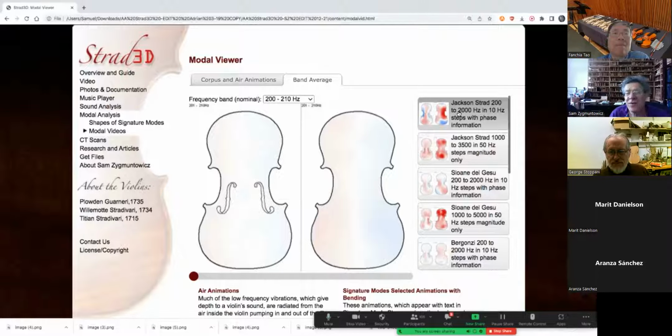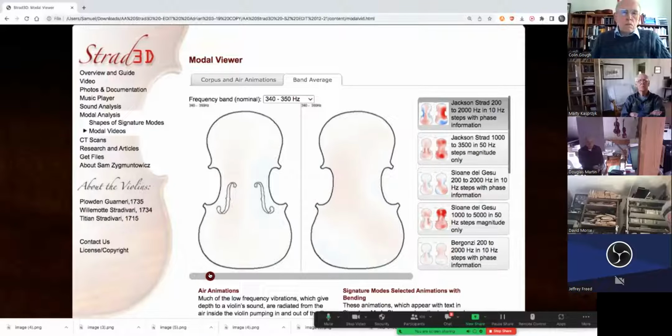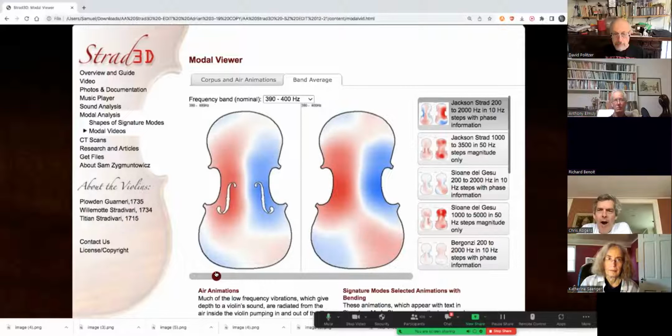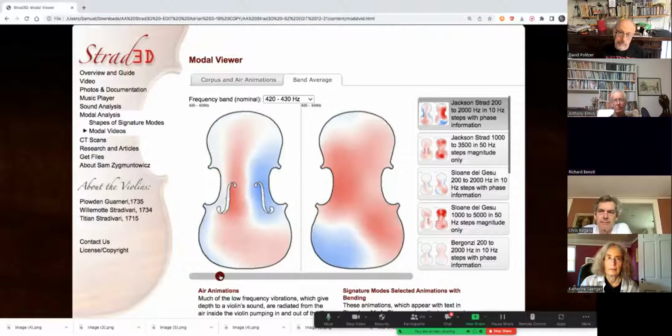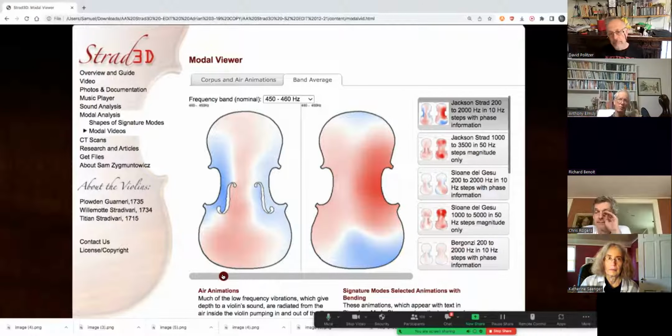And so what we have here is bands. In this case, they're in 10 hertz bands. So instead of trying to extract single modes in an automated way, his software produced these band averages, all the motion within that 10 hertz range. And it happens that at the signature modes, it's pretty good at capturing individual modes as well.